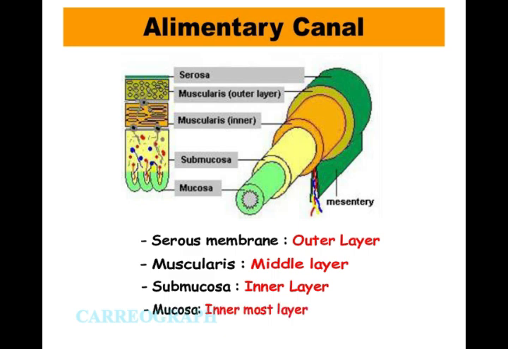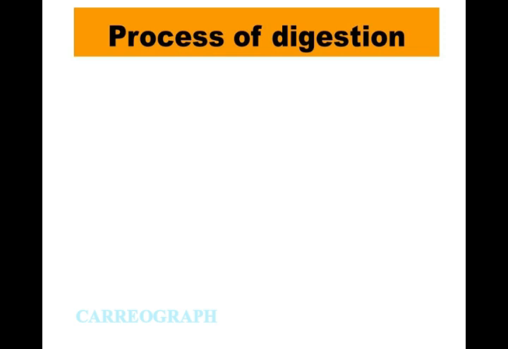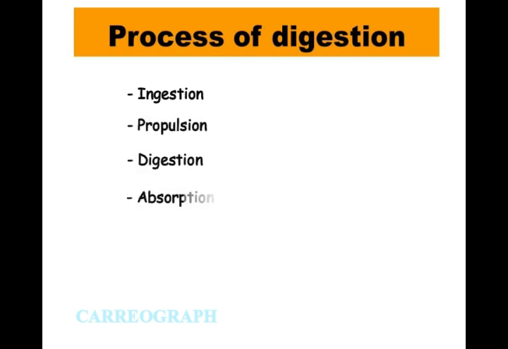Now friends, we will see what are the processes of digestion which take place in our digestive system. The processes of digestion are ingestion, then we have propulsion, then digestion, followed by absorption, then distribution, and finally egestion.